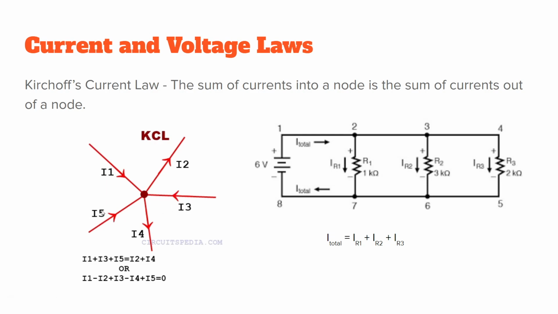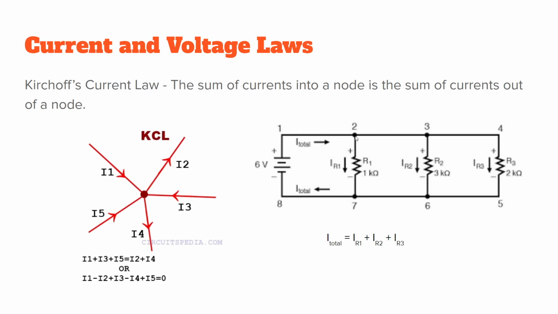I3 is another, and I5 is the last one. So all of that water has to go somewhere. Because this has only a limited amount of space, everything that comes in has to go out at whatever other nodes, namely I2 and I4. And we can write this as I1 plus I3 plus I5 equals I2 plus I4.